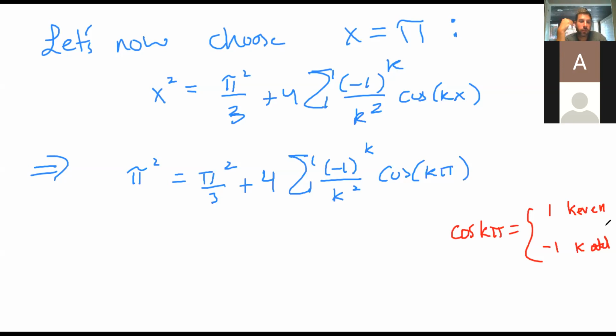Well, do a check for yourself. What is the cosine of pi? Cosine of pi is -1. What is the cosine of 2 pi? It's 1. What is the cosine of 3 pi? -1. If you're not confident in that, just type it into a calculator a few times until you get comfortable with these things.